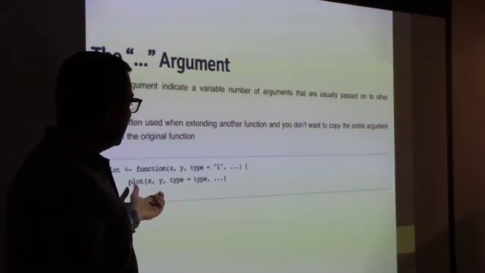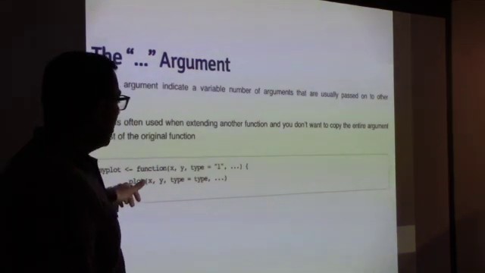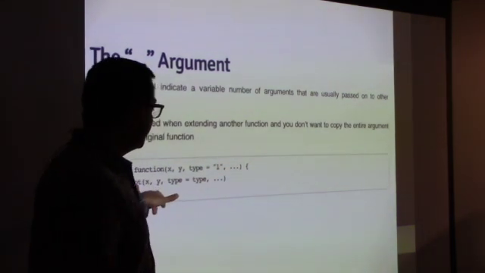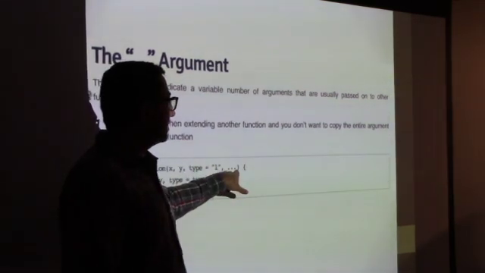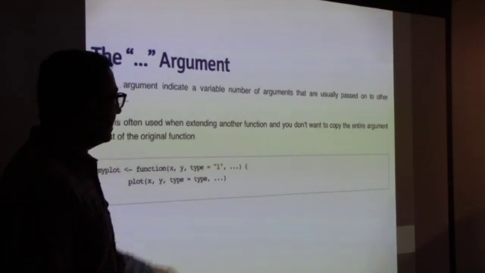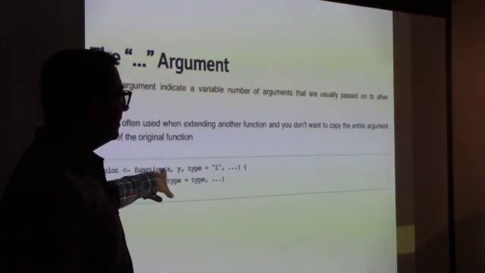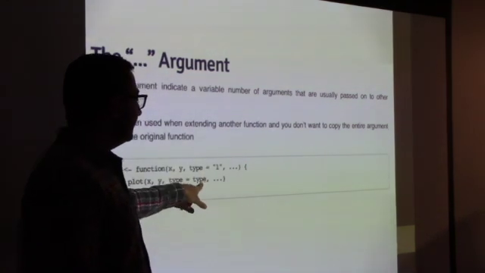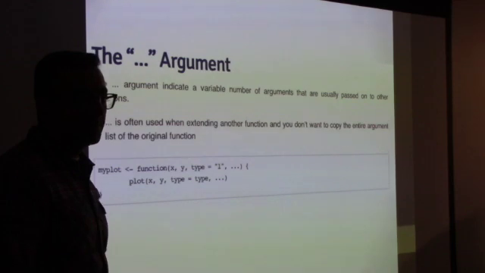There are some additional arguments that I have, but essentially all the arguments of the plot function should be made available to my plot function as well. So I use the dot dot dot as arguments, meaning that if there are additional arguments that I haven't specified here, then they are just passed as is in this call to plot. Does that make sense?